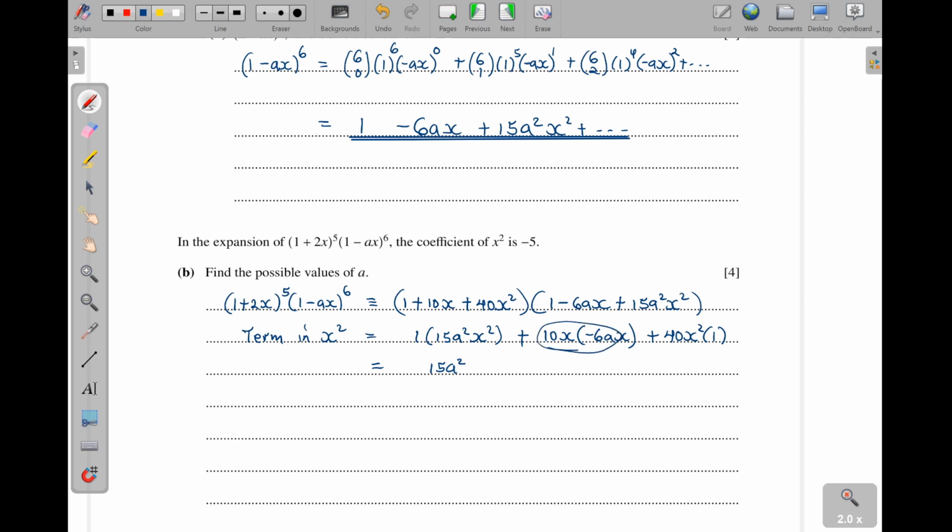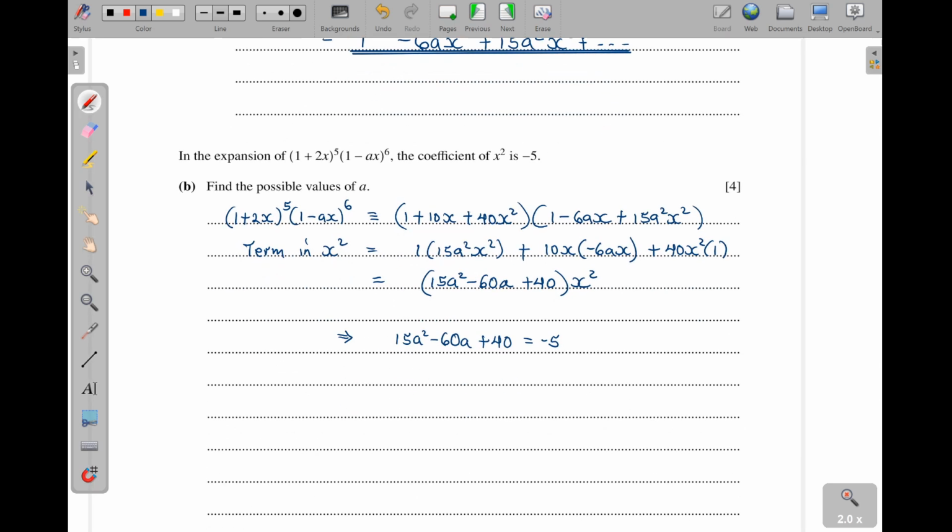And then here we have minus 60 of a, and then plus 40, okay, x squared. Now this coefficient of x here, I mean x squared, is the one that is equal to negative 5. So we say that 15a squared minus 60 of a plus 40, okay, is equal to negative 5.